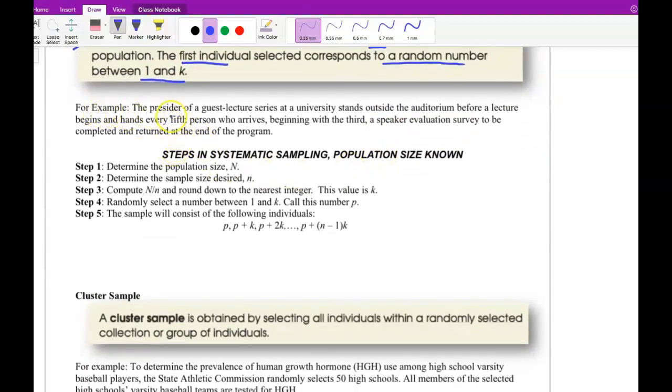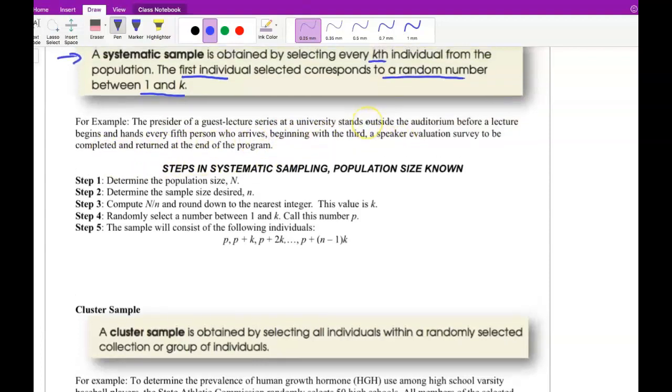Okay, example. I want to have another example instead of that because I want to make it simpler. Let's first see what steps we have here.